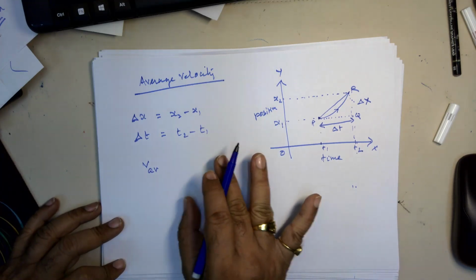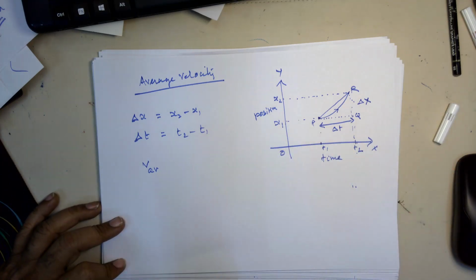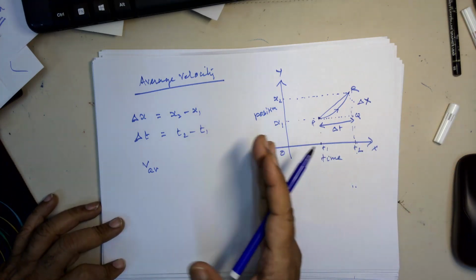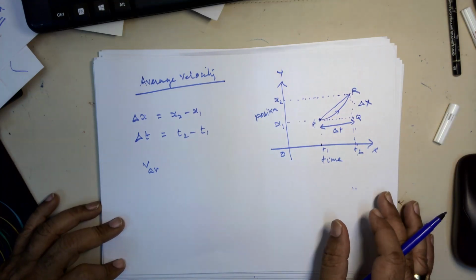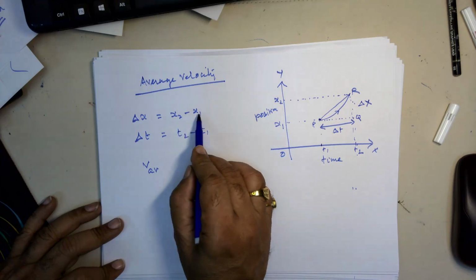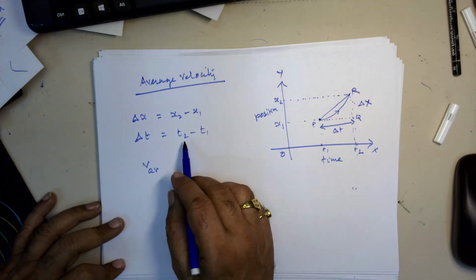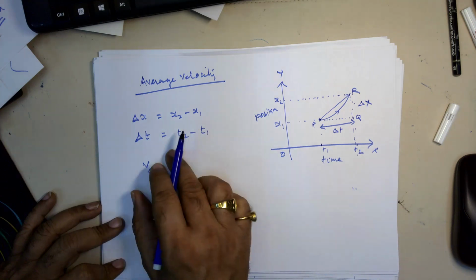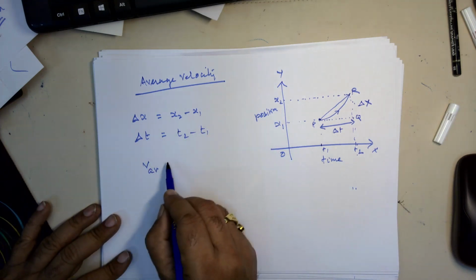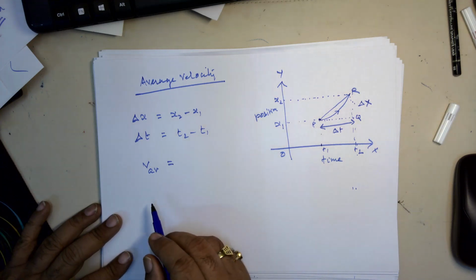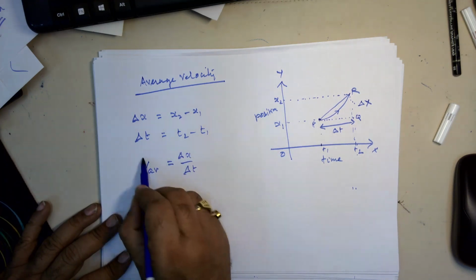Because this is displacement, you have to subtract final minus initial. Whenever you consider velocity, you consider only the final point and the initial point. That's all, right? So that is why I took x2 minus x1, and here the time change is t2 minus t1. So in that case, average velocity is equal to delta x divided by delta t. So this is the formula.